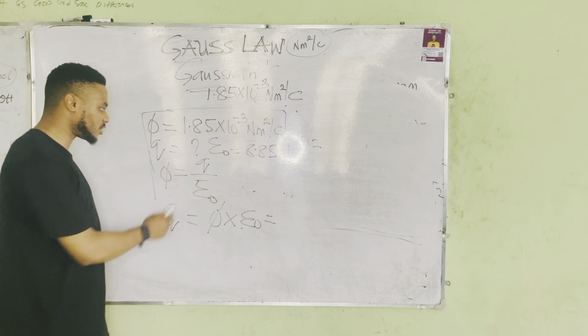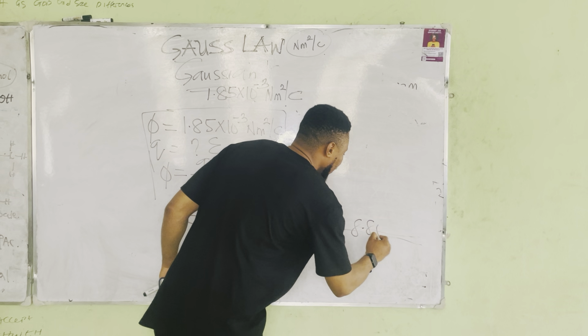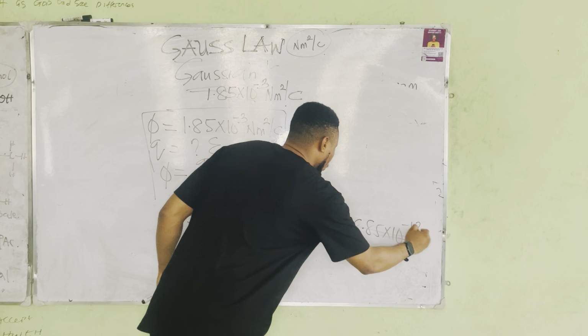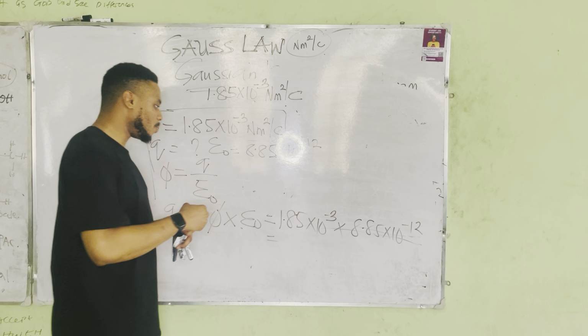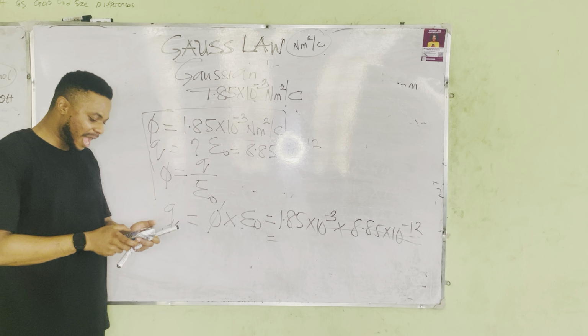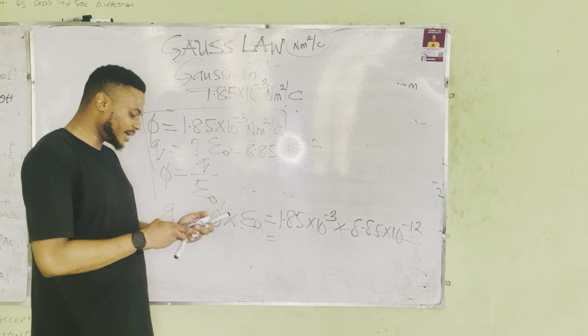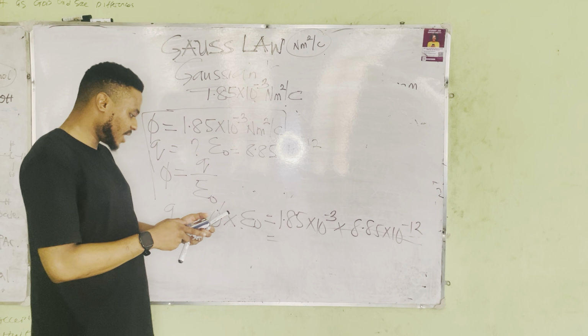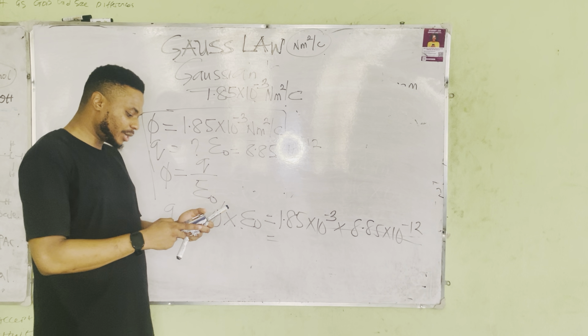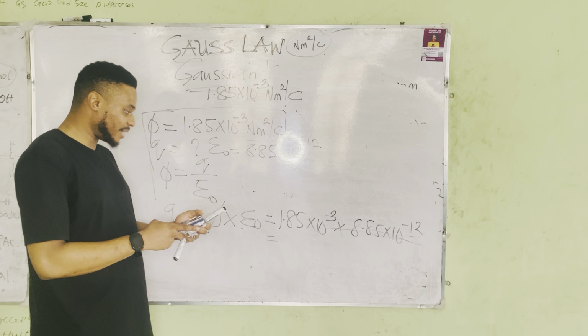We cross multiply. Now the electric flux in this question is 1.85 times 10 raised to power minus 3, times the permittivity of the vacuum, which is 8.85 times 10 raised to power minus 12.